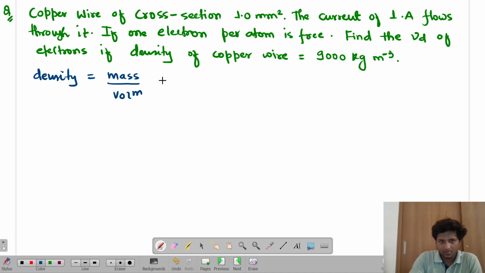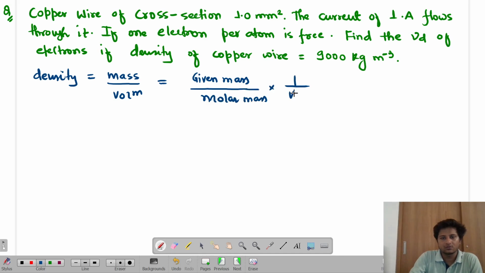So given mass by molar mass, into 1 by volume, that is equal to density by molar mass, means I can divide on both sides by my molar mass or atomic mass.